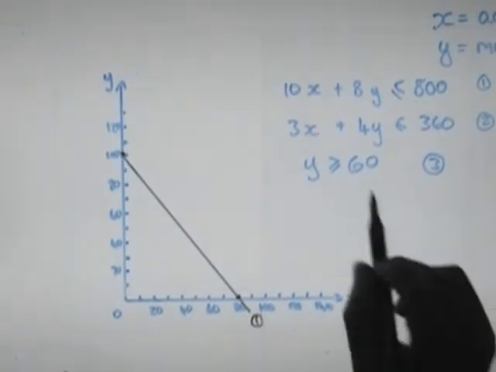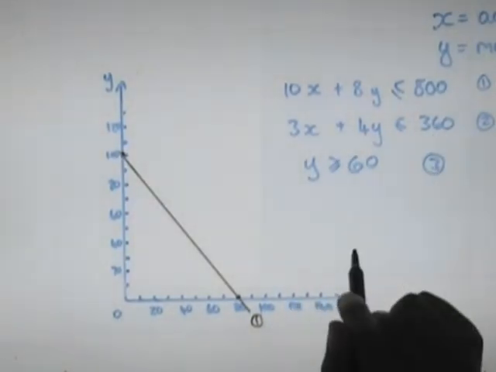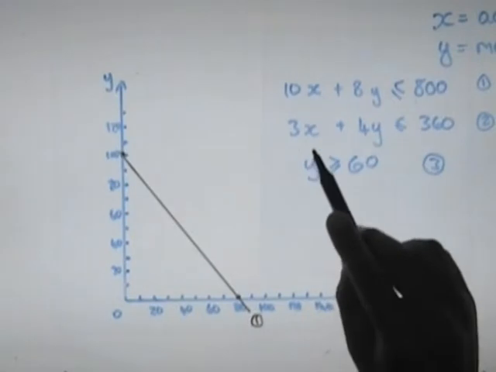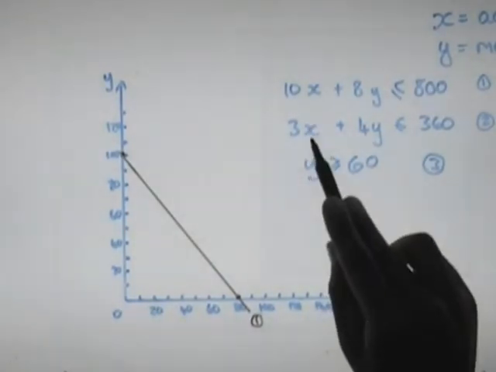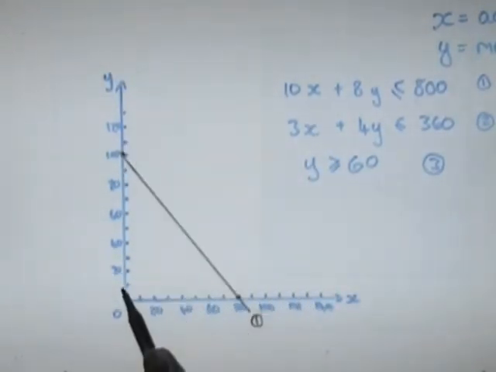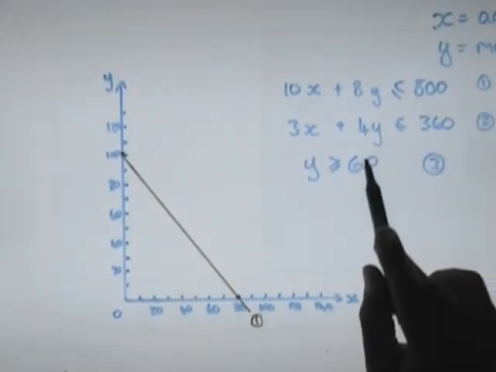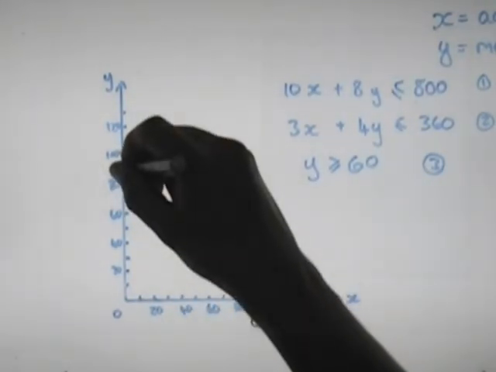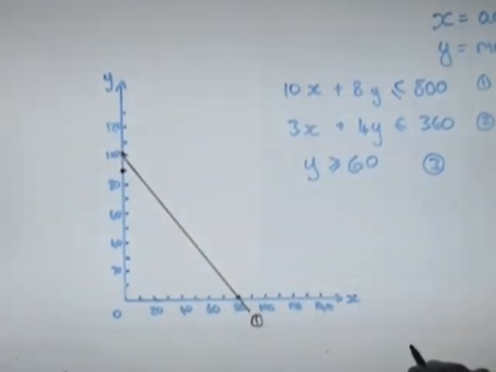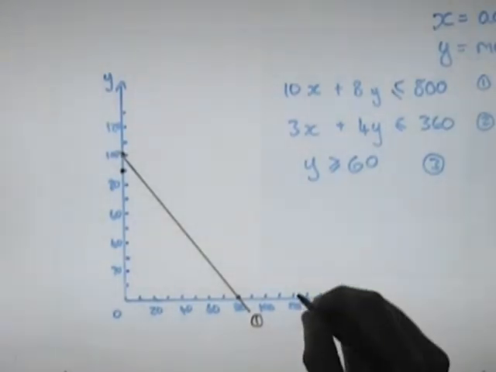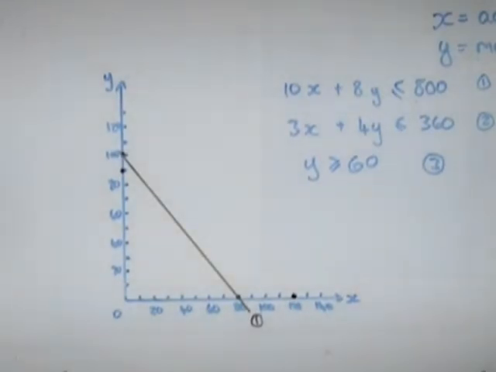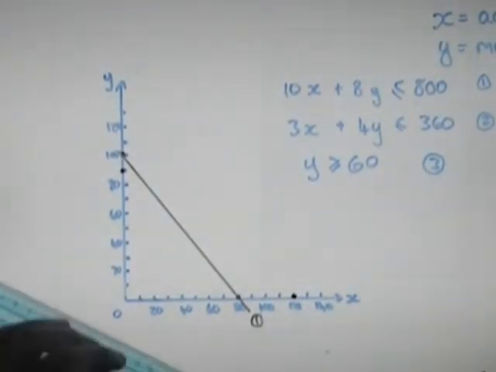The second one, 3x plus 4y equal to 360. If x is equal to 0, that's going to be my y-intercept. 4y is equal to 360, which means that y is equal to 90. If y is equal to 0, that's my x-intercept. 3x is equal to 360, which means that x is equal to 120. 360 divided by 3 is 120.